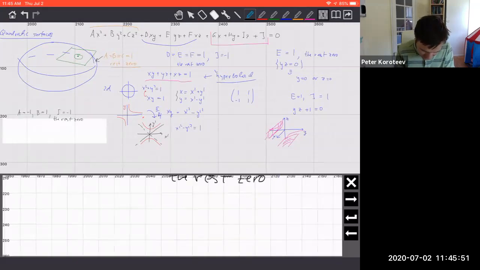So if you do it like that, we can convert this surface as z equals y squared minus x squared.